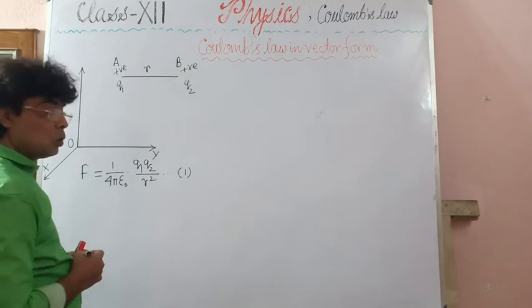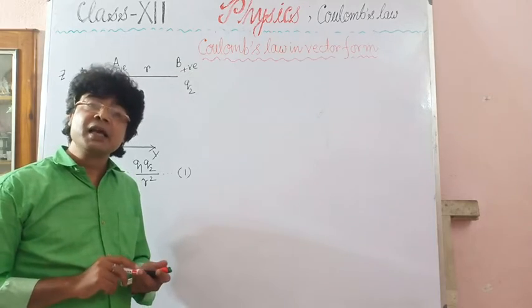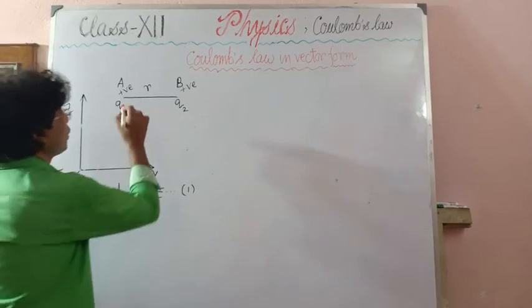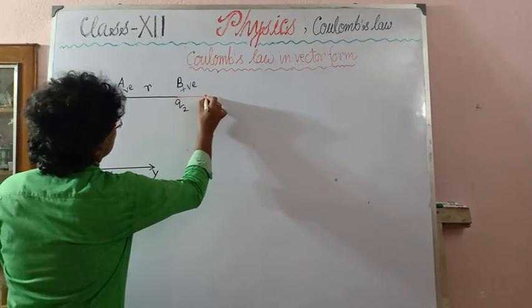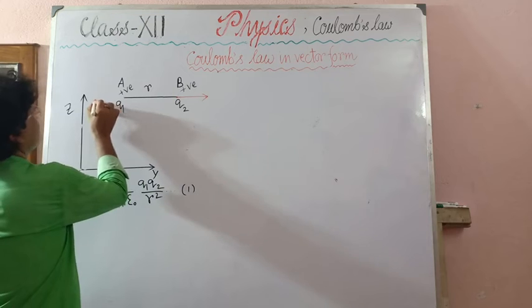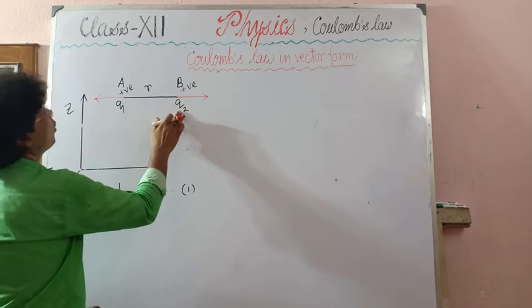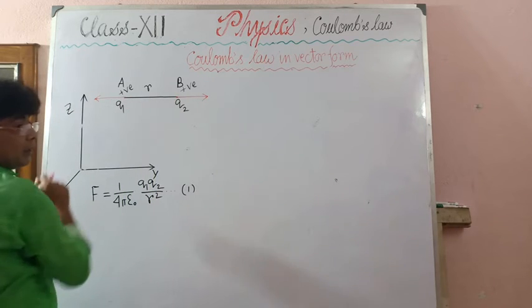We know two like charges repel each other. So Q1 repels Q2 along AB, and Q2 repels Q1 along BA.